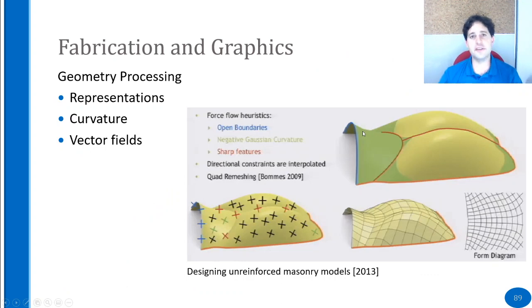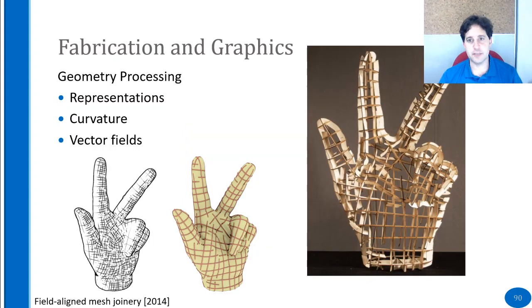Another tool is vector fields. Vector fields are actually being used in construction a lot for self-supporting structures. This is something that uses vector fields in a very nice way. I won't go into exactly how, but again, if you're interested, I really recommend looking into it. It's a very elegant and nice method. But also to approximate shapes, we look at principal directions of the object.